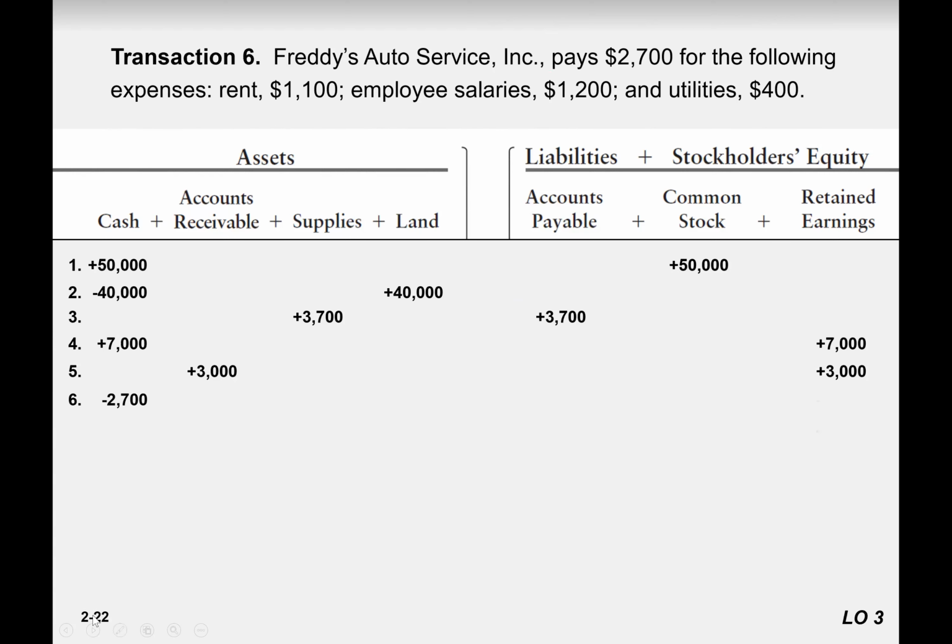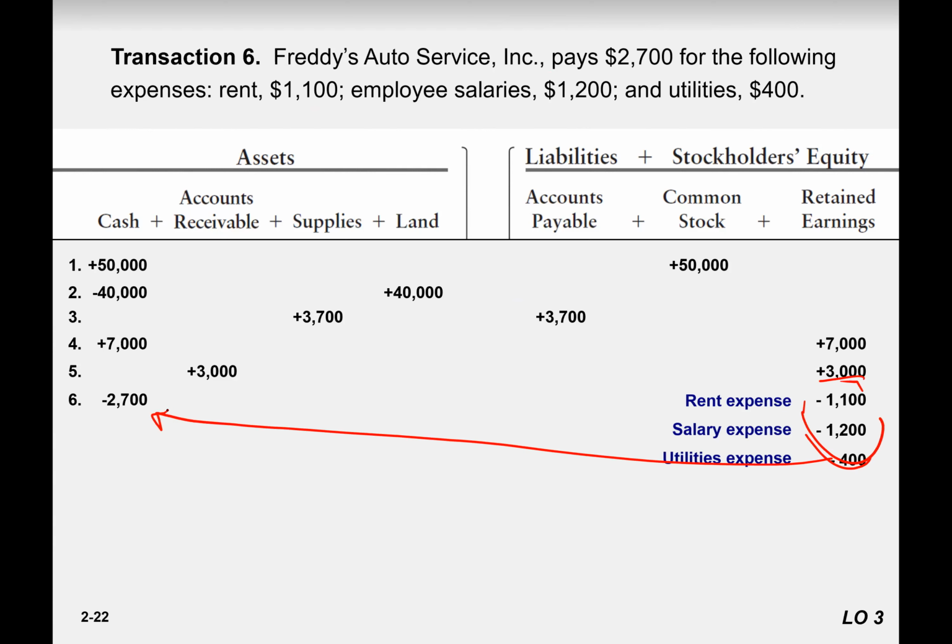If you don't understand, please stop me. If you add all these, it must be 2,700, because the equation must be equal. Right? Dorian? Now understood.